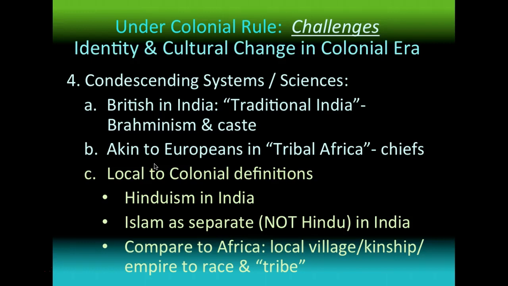The British, in particular in India, wanted to define Muslims as a separate, not Hindu population, and this is kind of a means of separating to conquer, divide and conquer. And so the Muslims were defined and kind of were forced to see themselves to unite against, as Muslims against the Hindus within India.